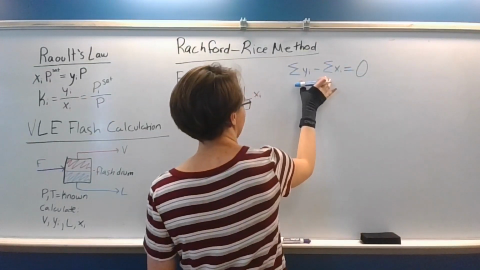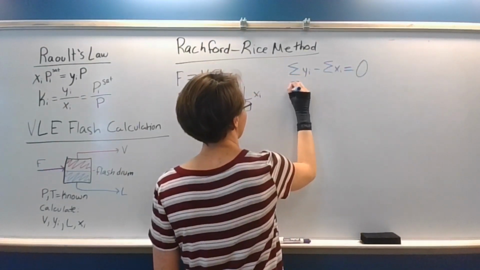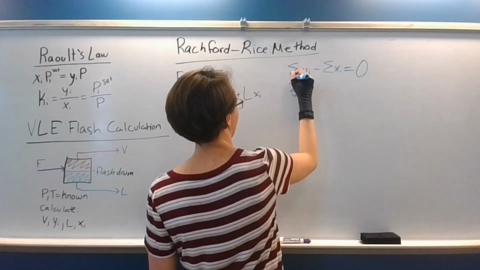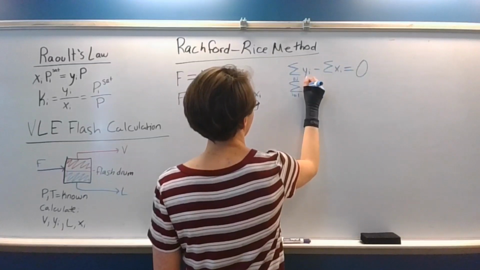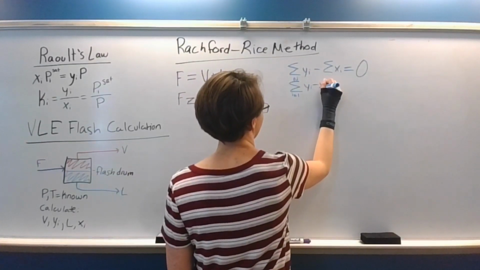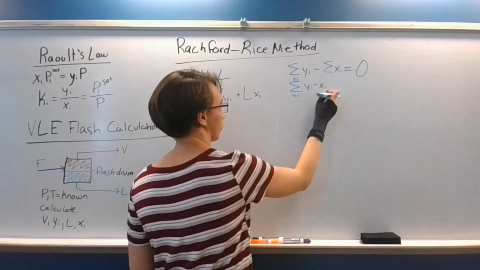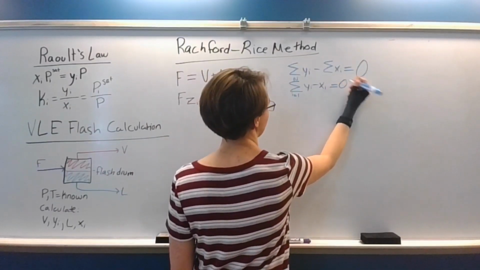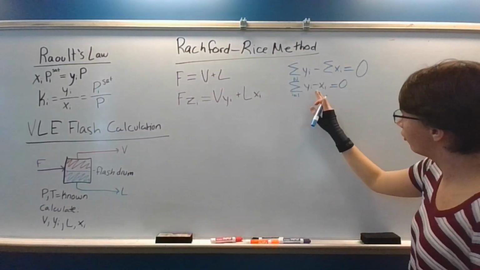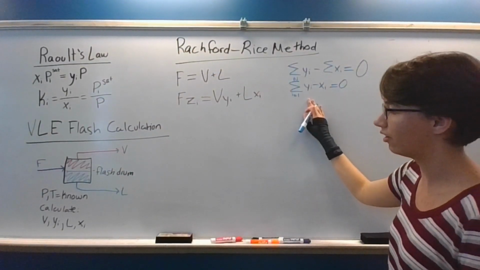So we can also rewrite this, kind of combine the two summations, and these summations will be from component 1 to component n of the component mole fraction in the vapor minus mole fraction in the liquid equals 0. Alright. So you'll notice we have 2 unknowns in this equation.